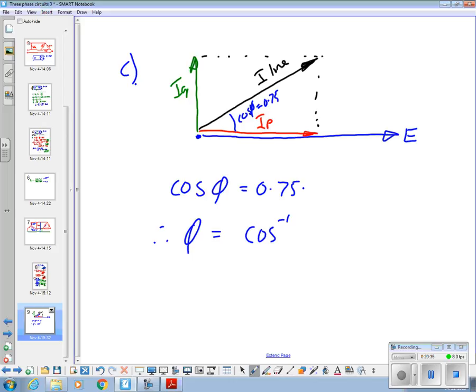Cos to the minus 1 of 0.75, and that comes out as 41.4 degrees. Yep. And the current is leading the voltage. Yeah, because we talk about it going round anti-clockwise.